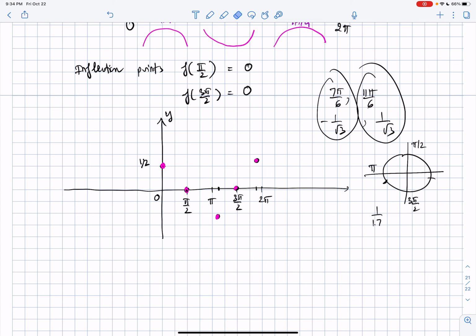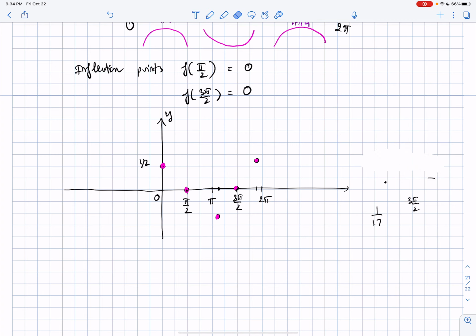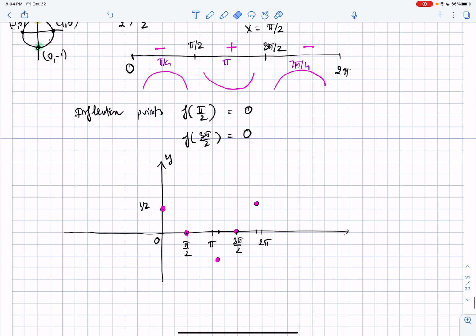Okay, so then let's connect them, and let's also check the concavity. From 0 to pi over 2, we have concave down like this.